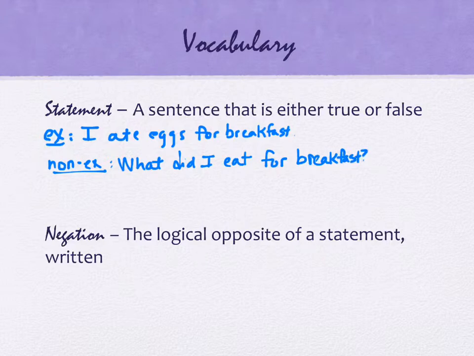What's wrong with this particular item that I wrote down? It's a question. And the real problem, and why it doesn't work, is because it's neither true nor false, right? I can't say that's true or that's false. It doesn't even make any sense to talk that way.